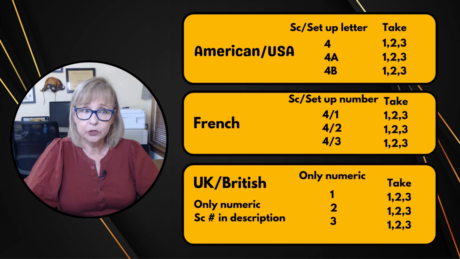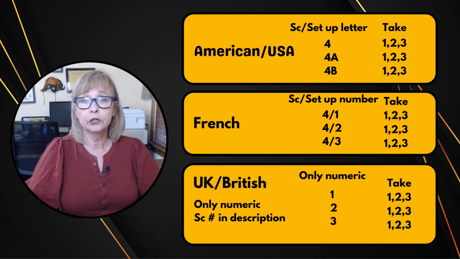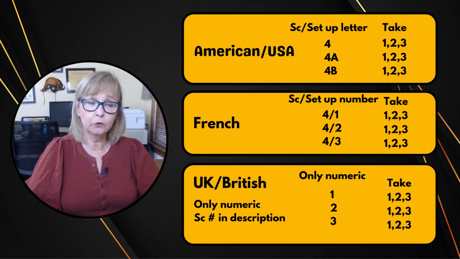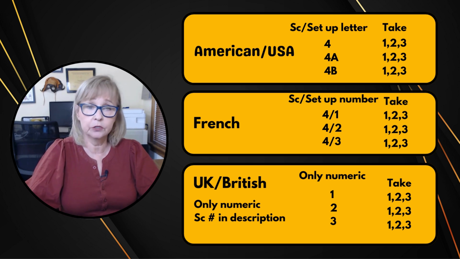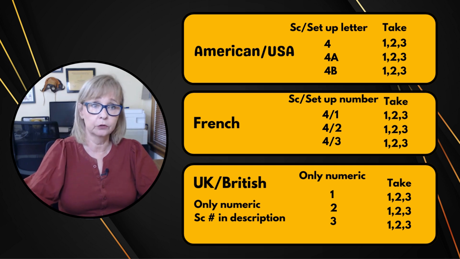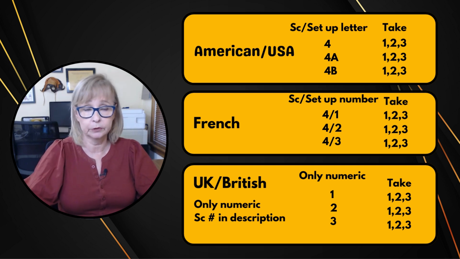Just to recap what we just went over, in the American version, the setups are denoted by a letter. So if the scene number is 4, your next setup is going to be 4A, 4B, and so on. Then you have your regular takes, like 4 take 1, 4 take 2, 4A take 1, 4A take 2.